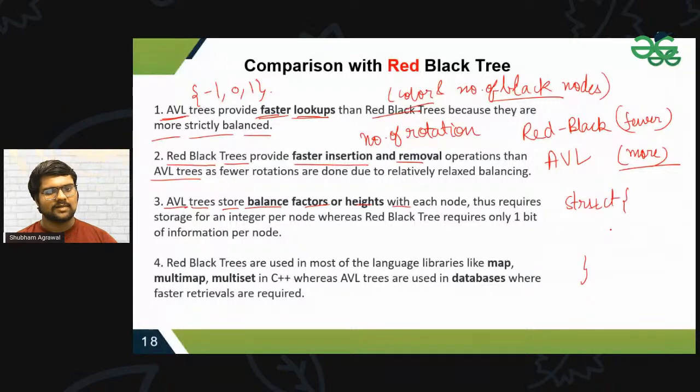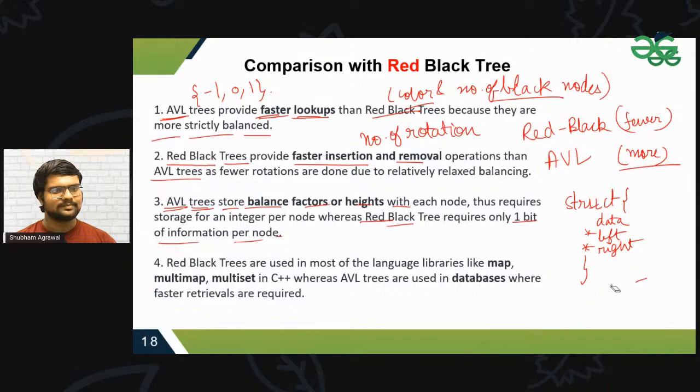In a standard BST we also need the balance factor and height if we want to efficiently make an AVL tree and do the operations on it. But in a red black tree we require only one bit of information per node, and that is the color.